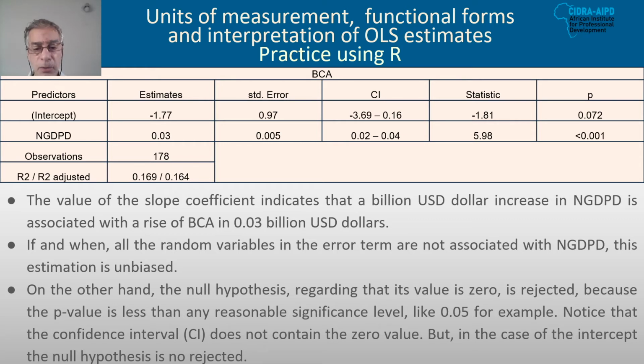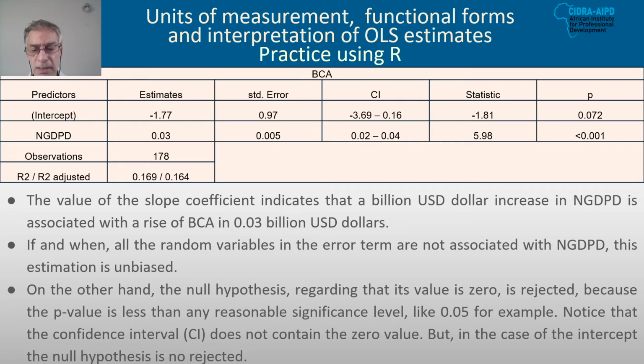We can take a look at the p-values. The p-values tell us that we can reject the null hypothesis that the estimate for NGDPD comes from a t-distribution with mean equal to 0.